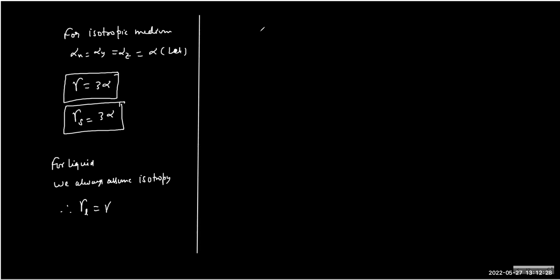So for isotropic medium, alpha, beta, and gamma are related. So we have seen beta is 2 alpha, gamma is 3 alpha.